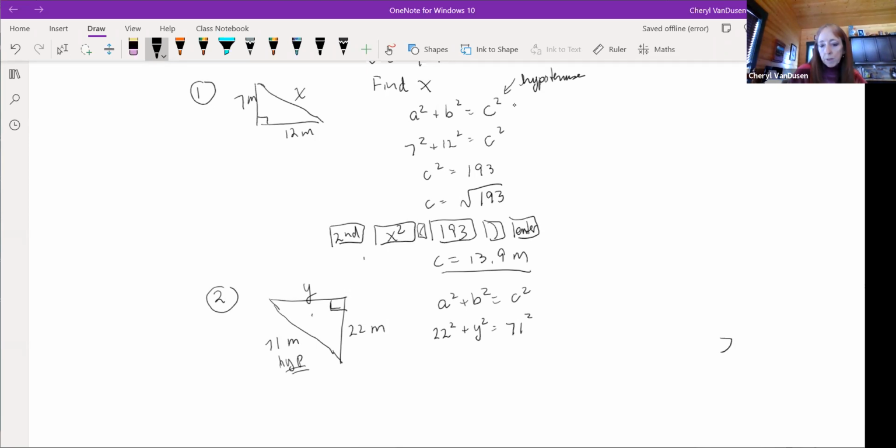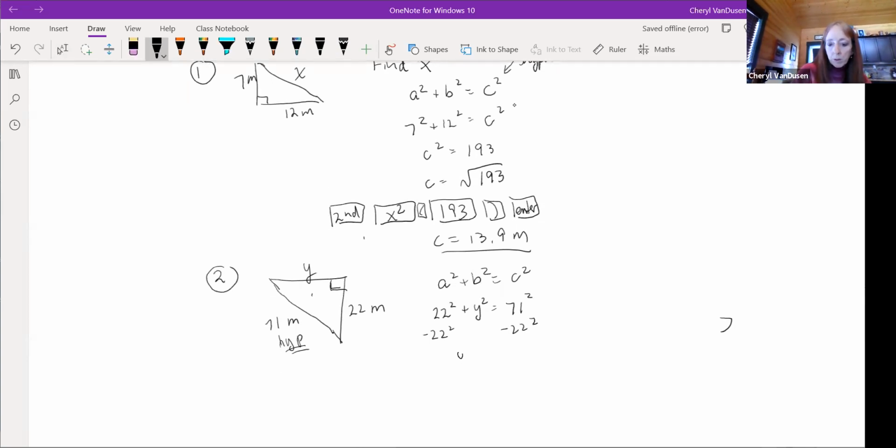Now, when we're trying to find a missing side, or a missing leg as it's sometimes called, we are going to move the 22 squared over to the other side to get it ready to input into our calculator. So we have y squared equals 71 squared, take away 22 squared. Now we're ready to go on our calculator.